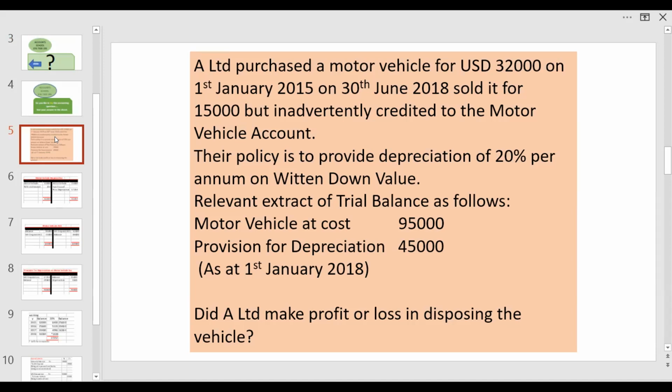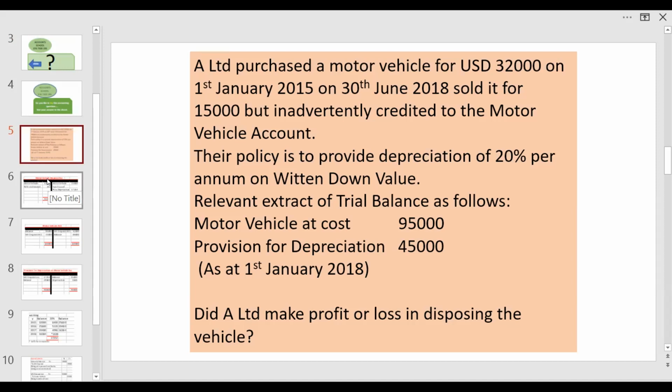But now we are going to discuss the accounting aspect of it. Now, as you know, the first thing, okay, the sale proceeds of the motor vehicle have been credited to the motor vehicle account, which technically could be considered wrong. So first we will have to correct it.